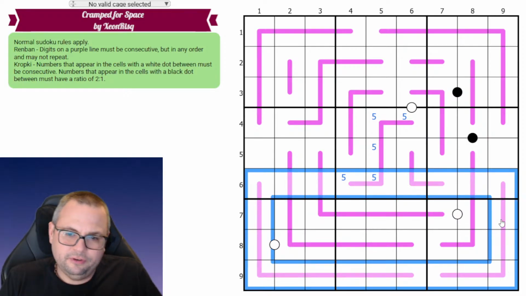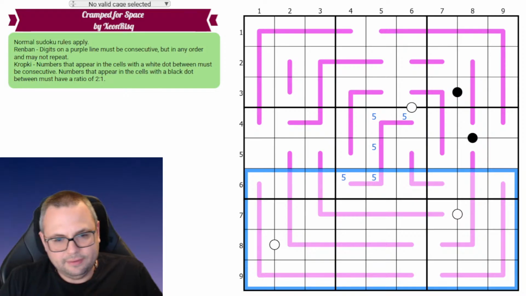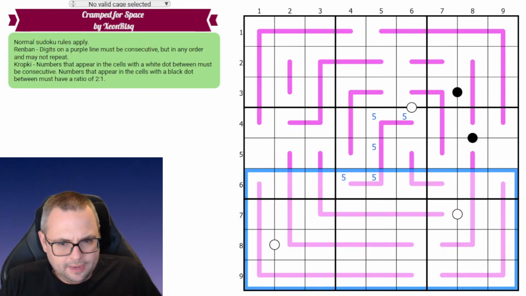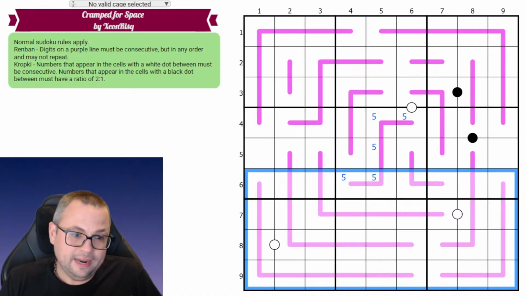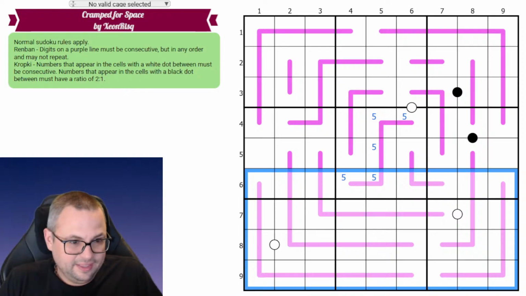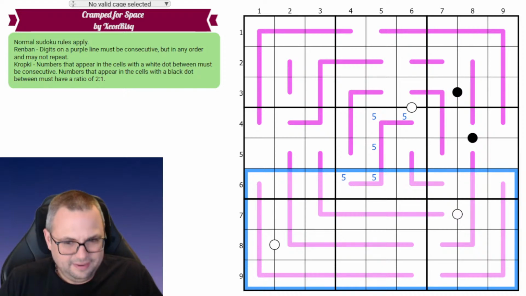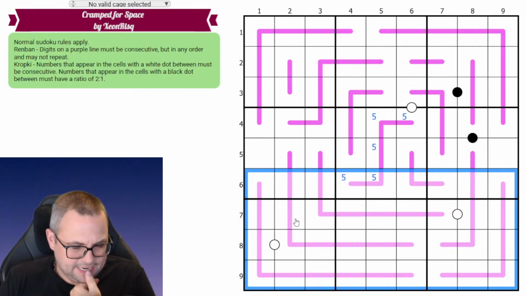Yeah, I wonder if I'm supposed to do something like count 1 9s in this band or something, because there are a lot of 1 9s down here, and there are only so many Renban you can have because most of these Renban can't have both 1 and 9 on them.